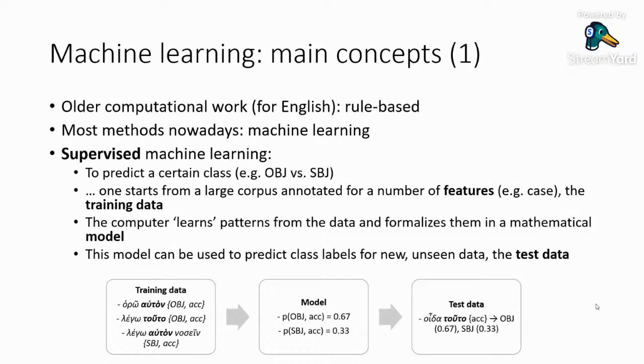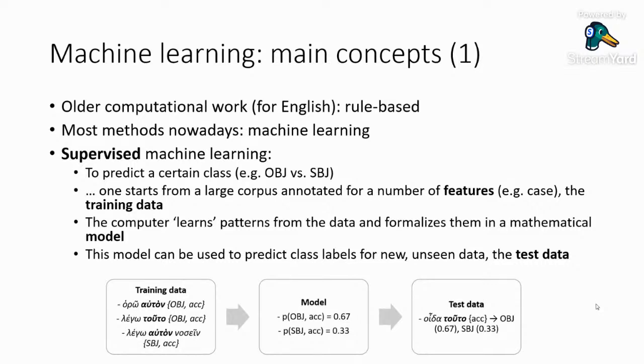So how does this work? For example, we have case information in a corpus, and from this case information, a computer can learn that if you have an accusative, the word is very likely to be an object rather than a subject.